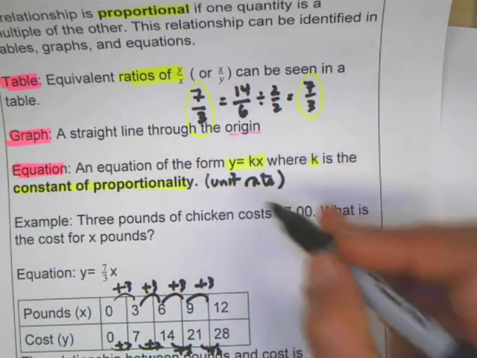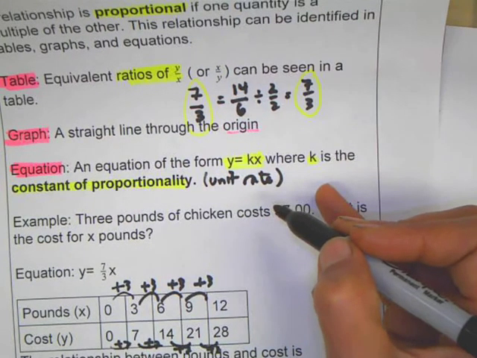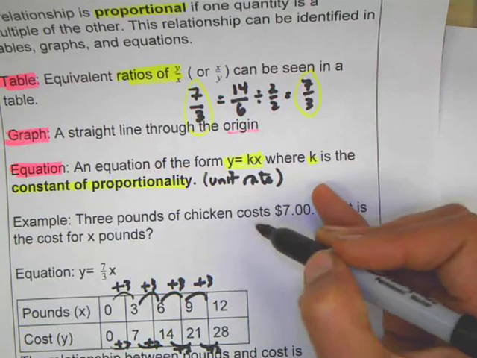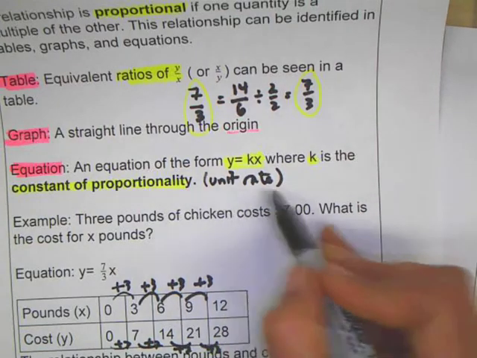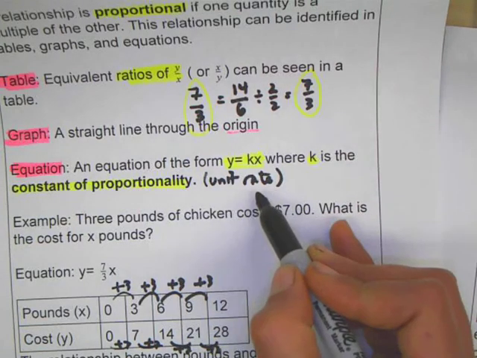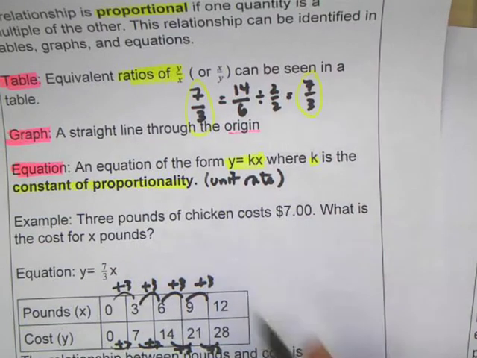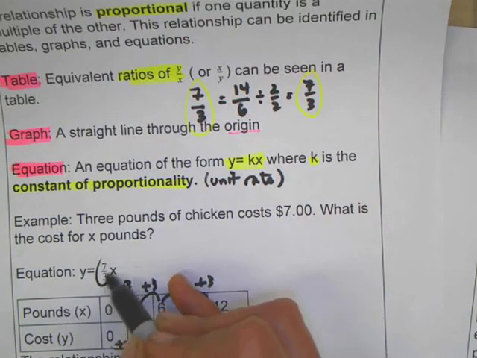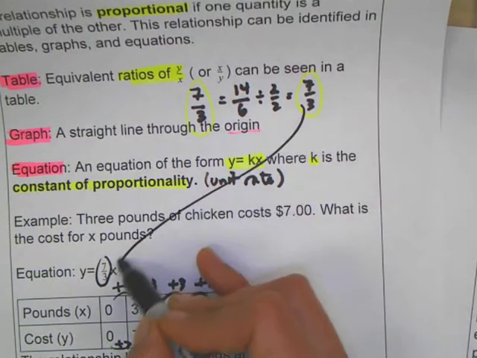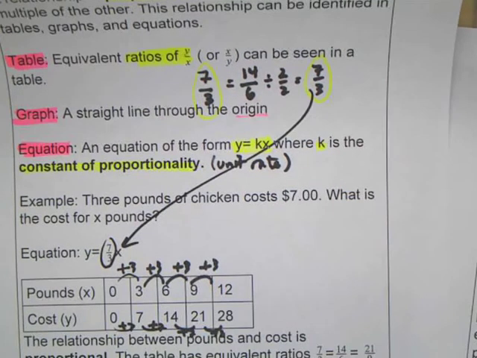So I'm buying 3 pounds of chicken, and how much am I spending? I'm spending a particular amount each time. So that's the constant of proportionality. And in this case, it was that ratio that we simplified to, 7/3.